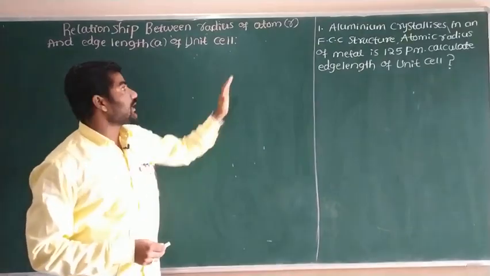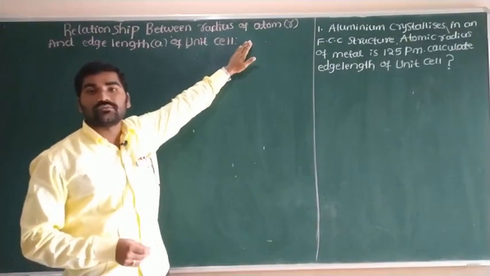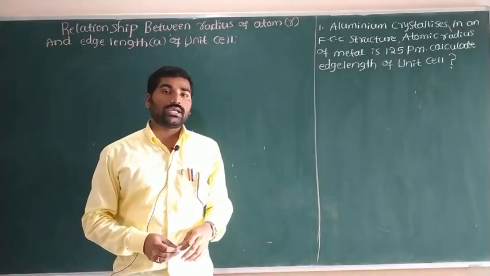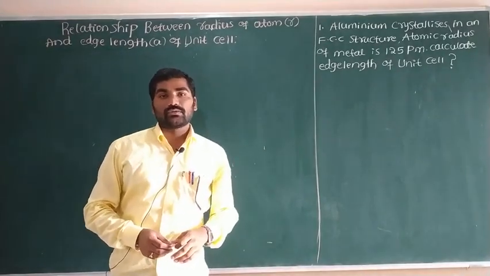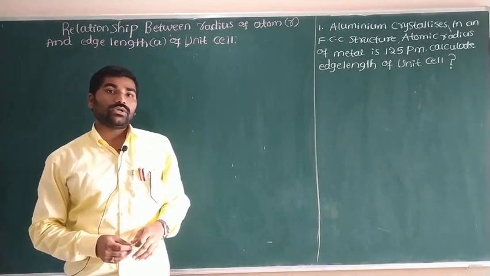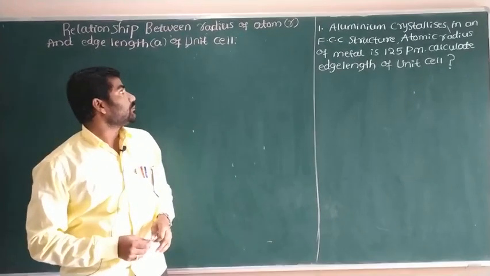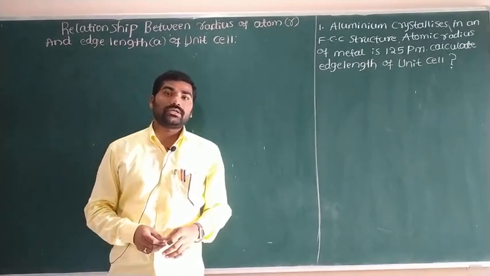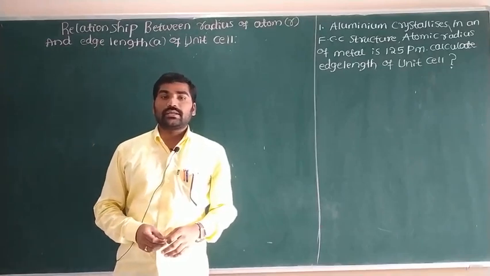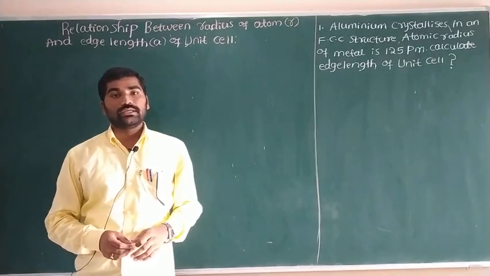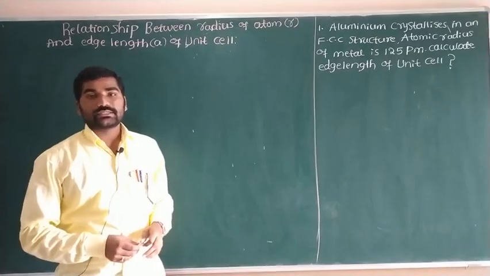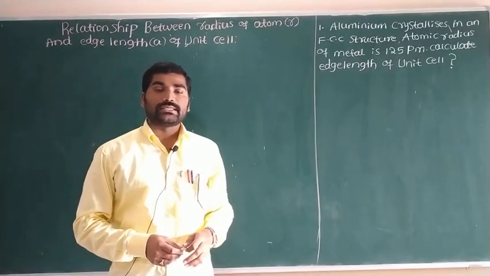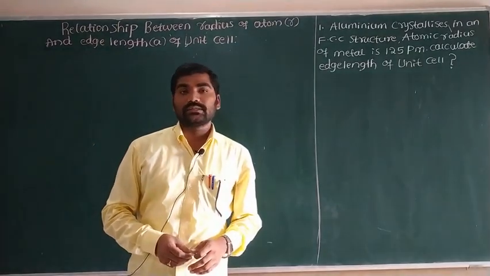Majorly we will discuss this relationship for the simple cubic unit cell, which is also called the primitive unit cell, the body centered cubic unit cell, represented as BCC, and the face centered cubic unit cell, represented as FCC.